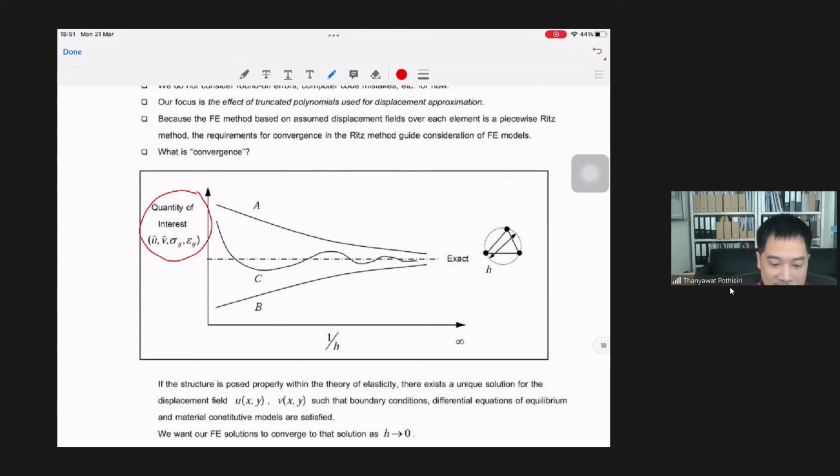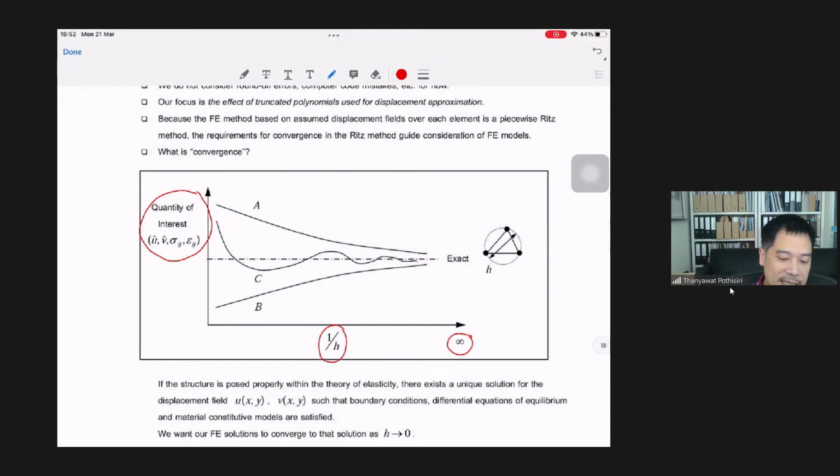So you will see something like this. If this is the size of the element, and you keep refining your mesh, or keep reducing the size of the elements, then the total number of elements in your model would increase, right? And if you compute something like 1 over h, or 1 over the size of the elements, this number would become larger.